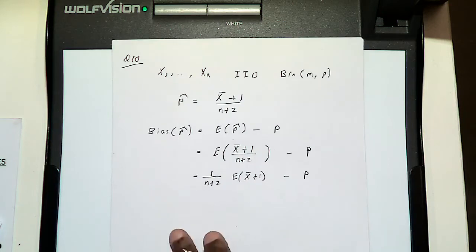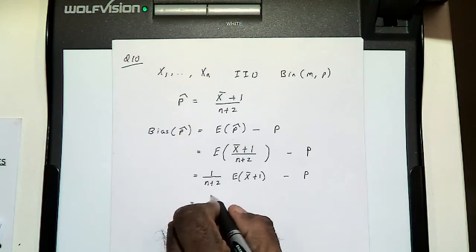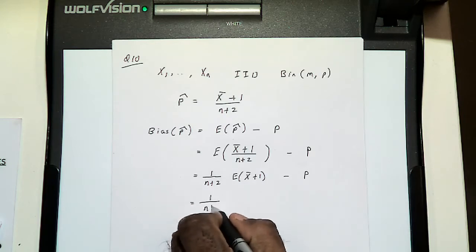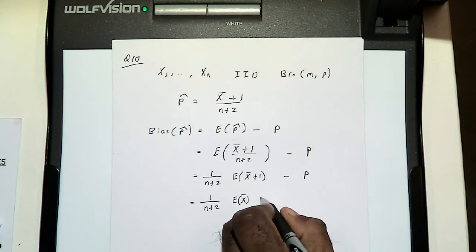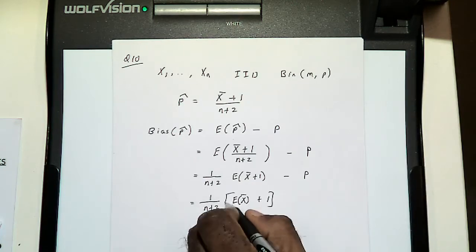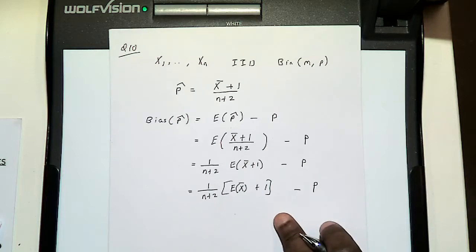Right? Now what you have here is the expectation of x bar, plus 1 outside, because one is a constant. One is a constant, so the expectation of a constant is itself, right?